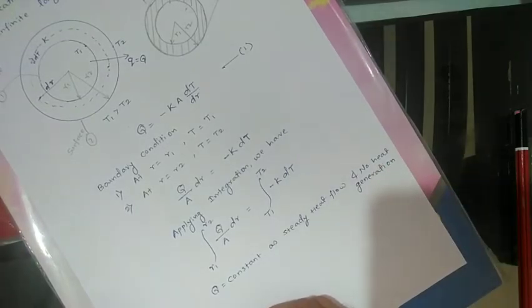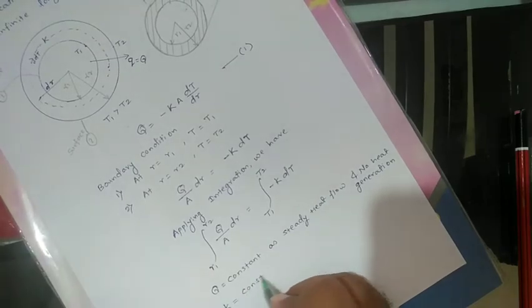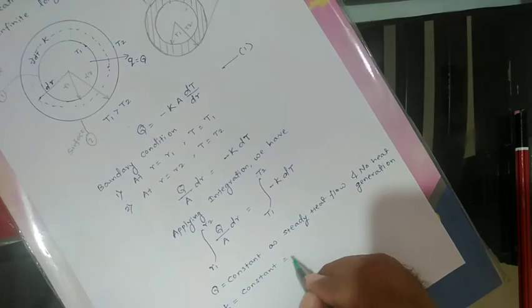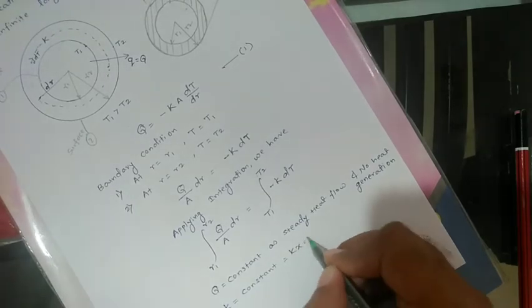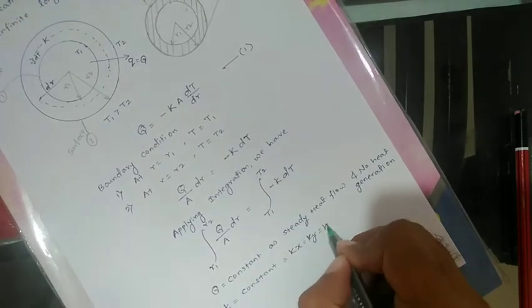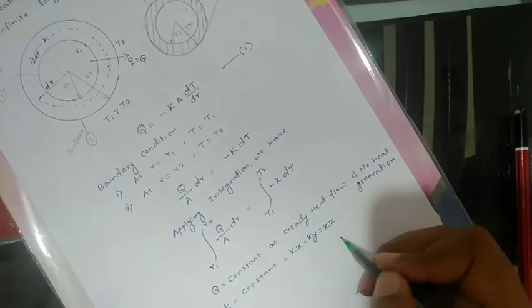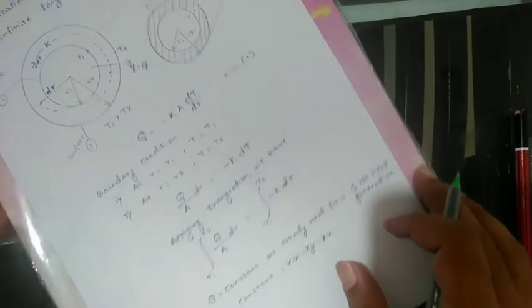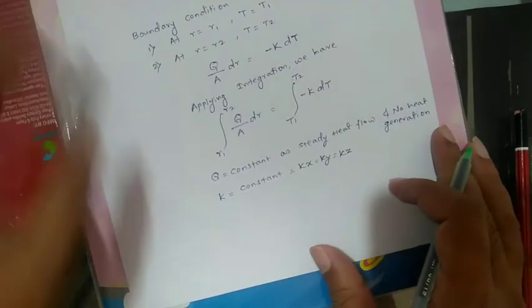Then K we have assumed constant, that is K in the x direction, K in the y direction, and K in the z direction remain constant. The thermal conductivity of the material remains constant.